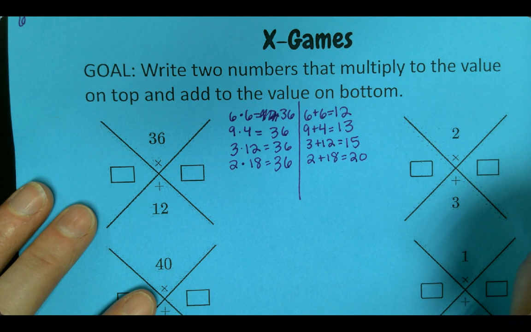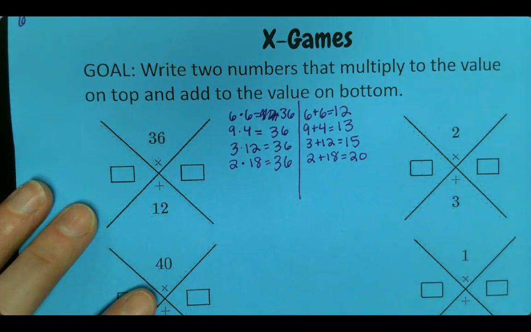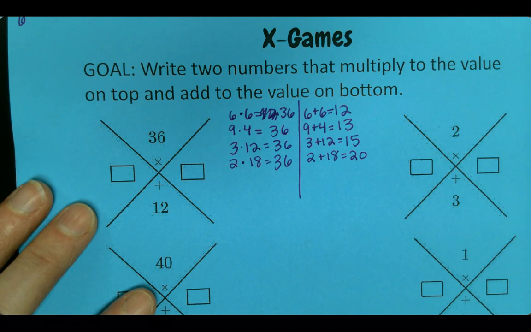What else gives us 36 when we multiply? It's the easiest one, but it's the trickiest for some reason.